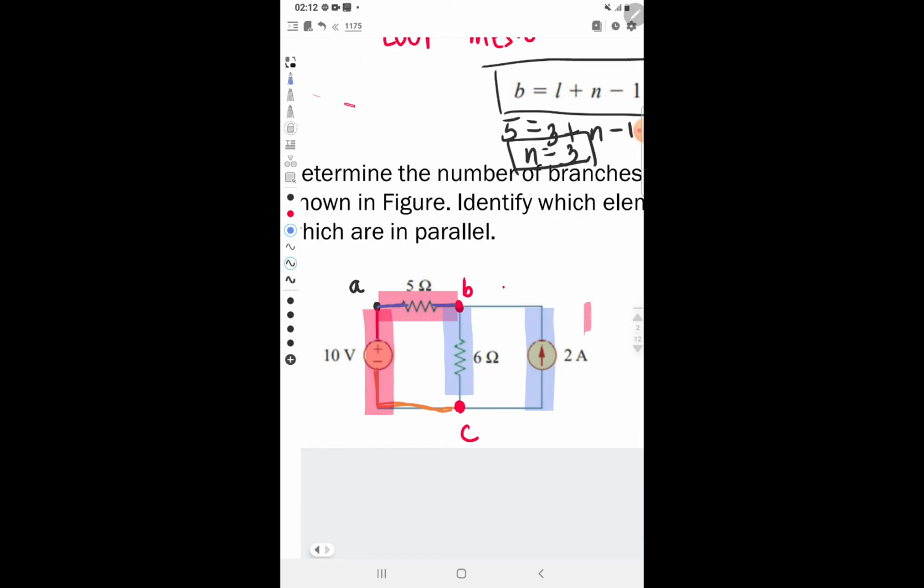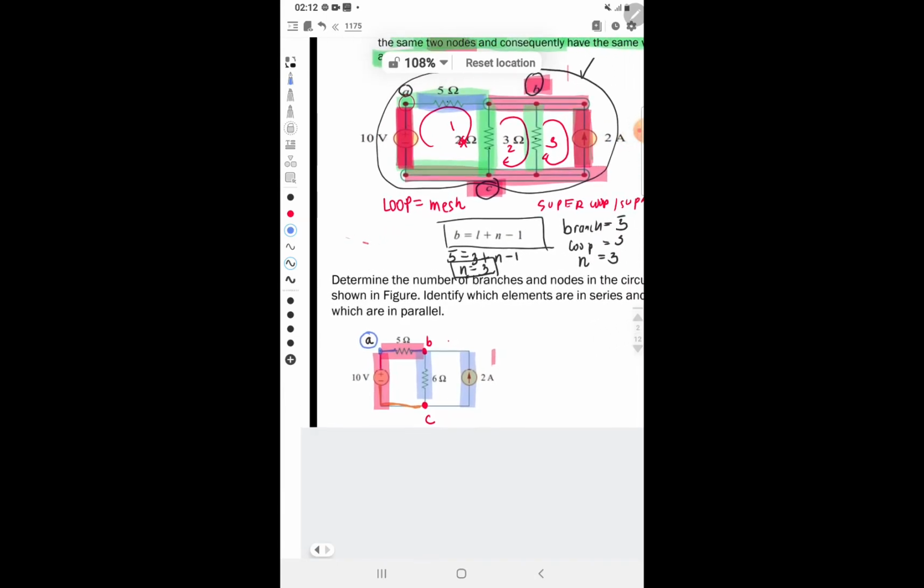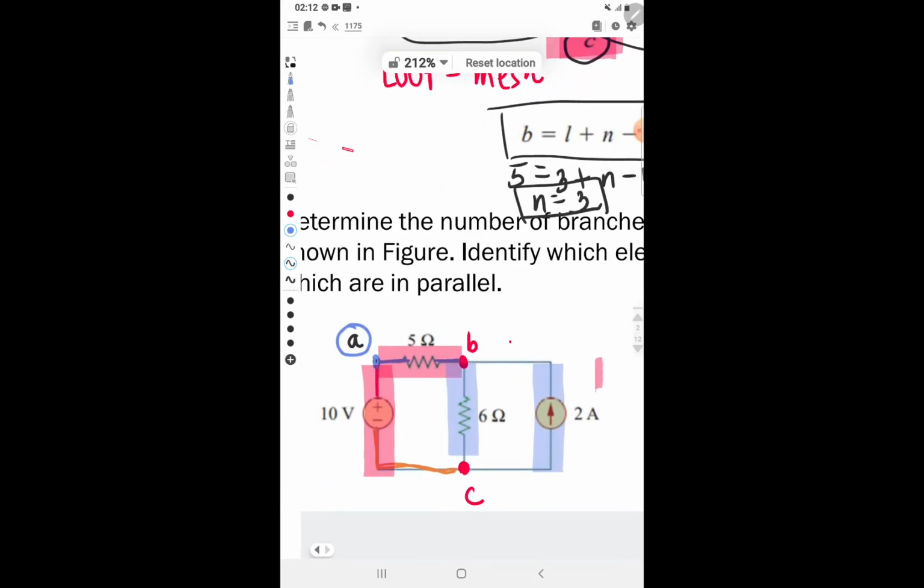Okay? So, yan. So, they share a common node, which is our node A. And then with this, with the combination of 5 ohm and 10 volts, they are connected in series. Okay? So, they are connected in series.